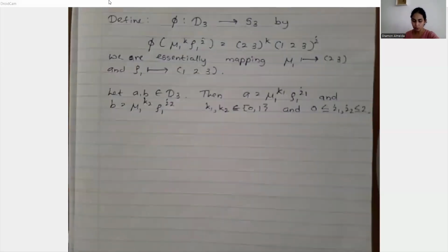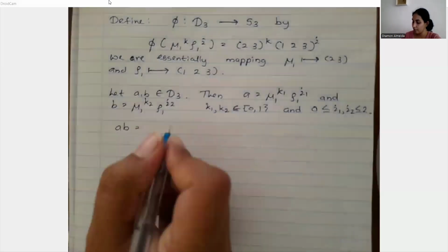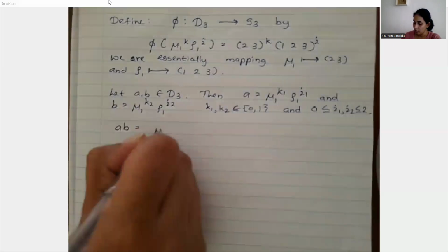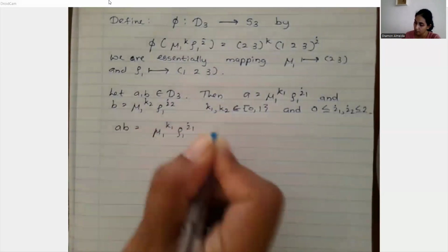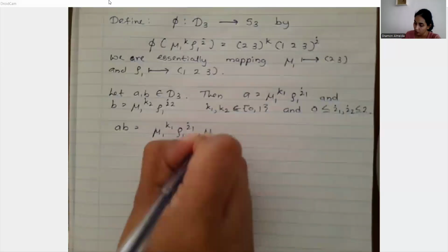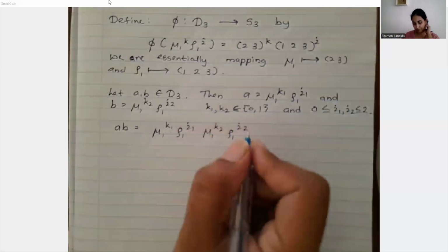Now, let's calculate ab. ab is given by mu1 to the k1, rho 1 to the i1, and then we have mu1 to the k2, rho 1 to the i2.